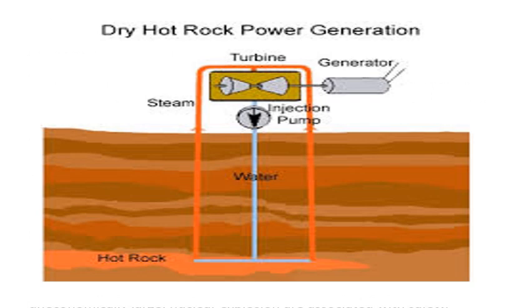So here you can see the sketch of how hot dry rock power generation is used. In dry rock power generation, the steam is coming from the impermeable surfaces.